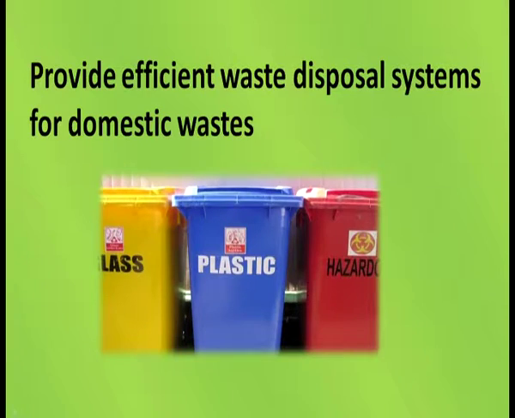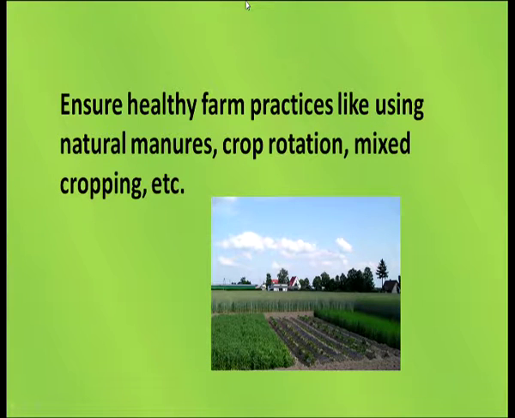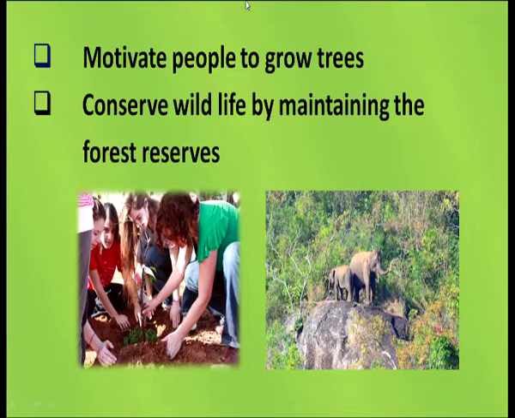Provide efficient waste disposal systems for domestic wastes. Educate the public on the causes and the effects of environmental degradation. This is also a major role the government has to play for protection of environment. Ensure healthy farm practices like using natural manures, crop rotation, mixed cropping, etc. Motivate people to grow trees.